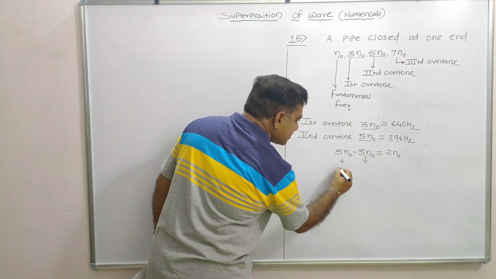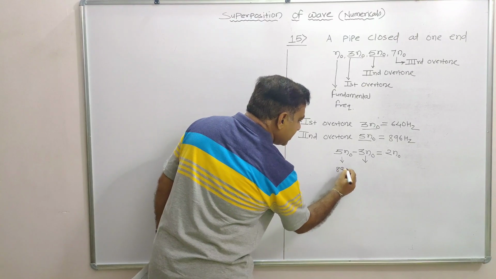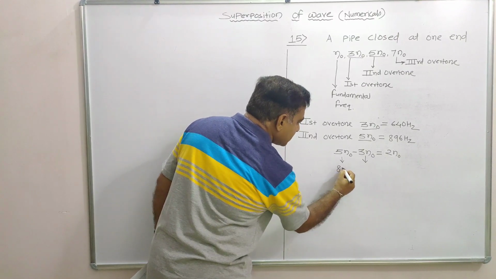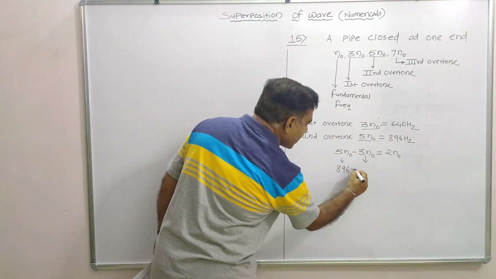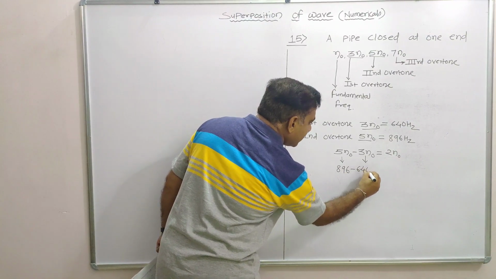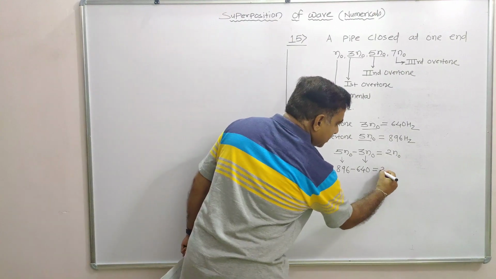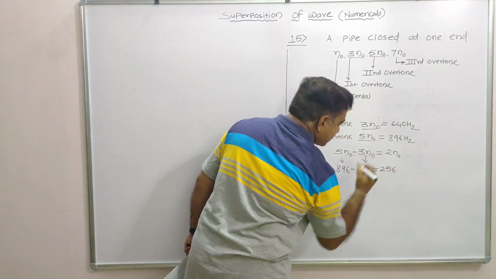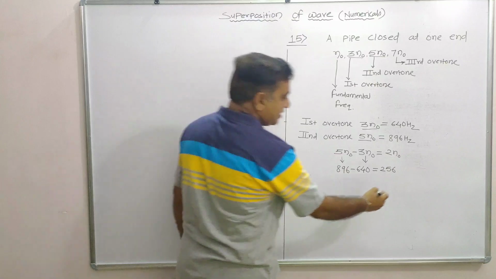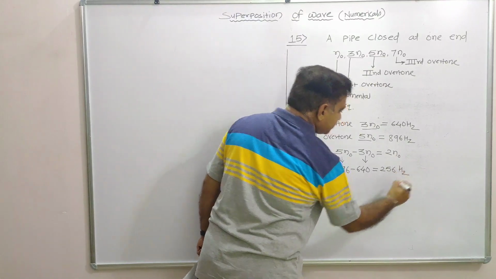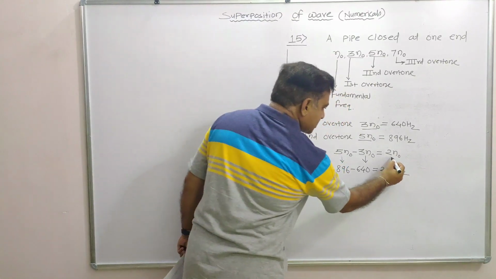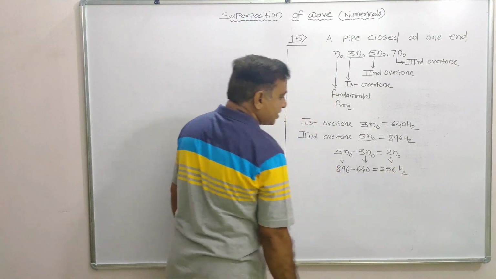Corresponding frequency, it is 896 minus 640, which comes out to be 256 Hz. Means corresponding to 2N0, we have 256.